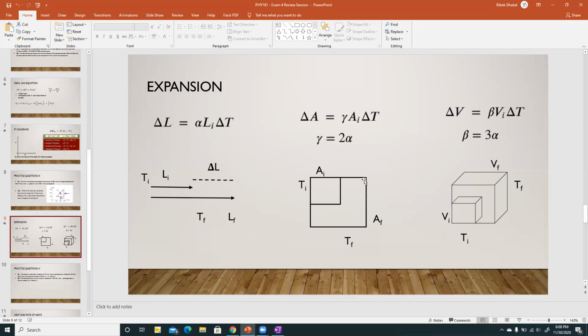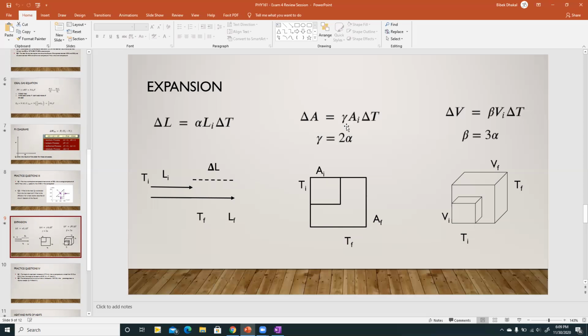Okay. So if you had a small area of a metal, let's suppose, with area Ai at temperature Ti, and you heated that area, there will be equal increase in the length and the width of this small sheet of metal, and it will become a larger sheet of metal presented by this large box.